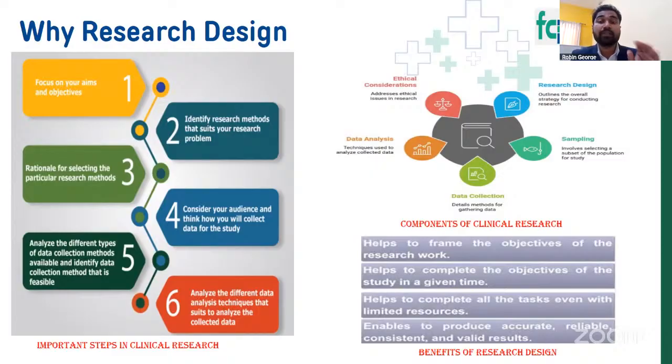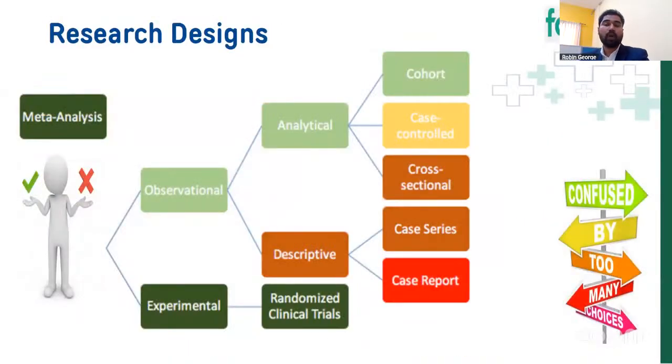It helps us get accurate, reliable, and consistent, precise results. Hope you all understood the importance of selecting a research design. With this note, let's move on to the research designs and their classification.